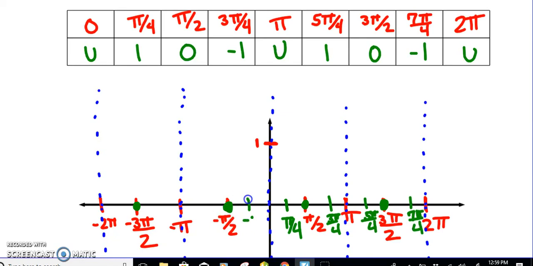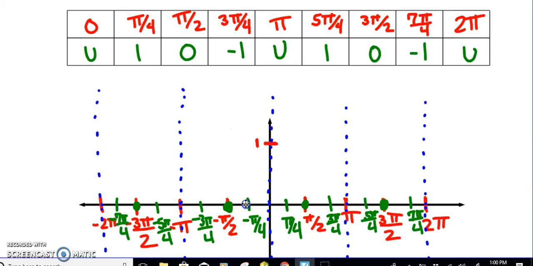The negatives are on this side. We're going to do this for every graph. The secant and cosecant graphs are going to have these also, so just make sure you keep them.